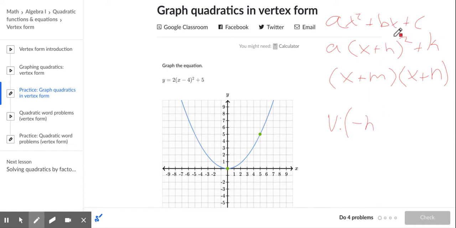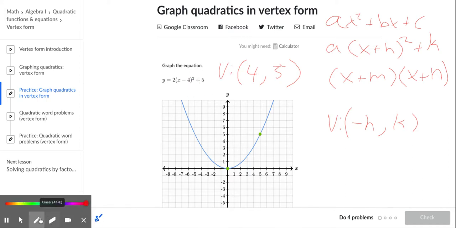So it's the opposite sign. And then the y-coordinate is just k, whatever this number is. In this case, this is negative 4, so the vertex would be positive 4, positive 5. That's why we call it vertex form, because we can just read the vertex right off of it.